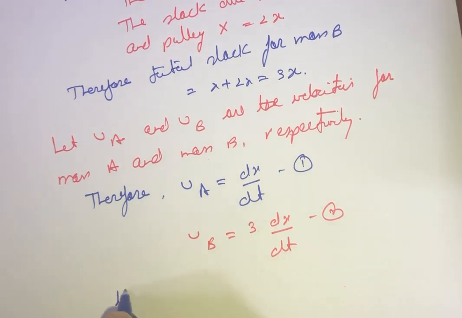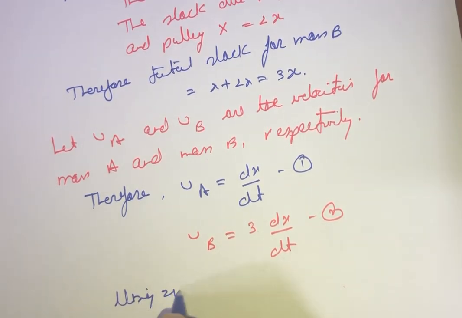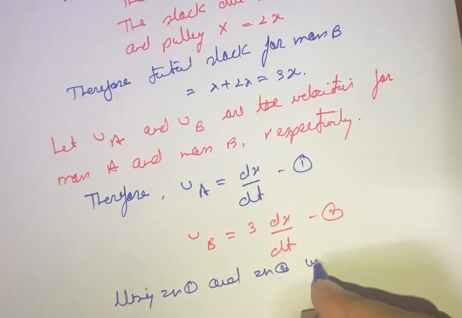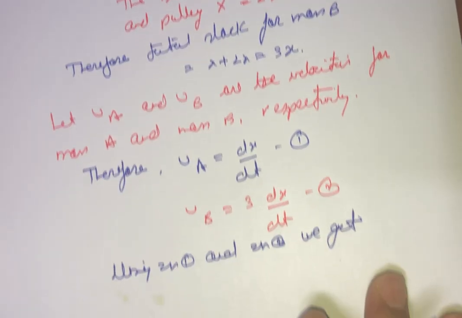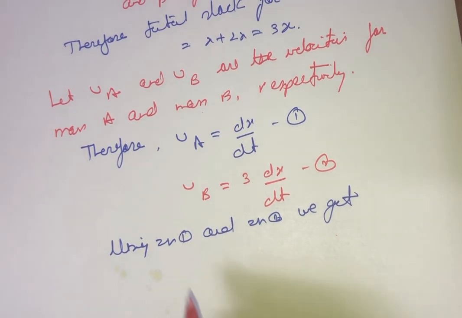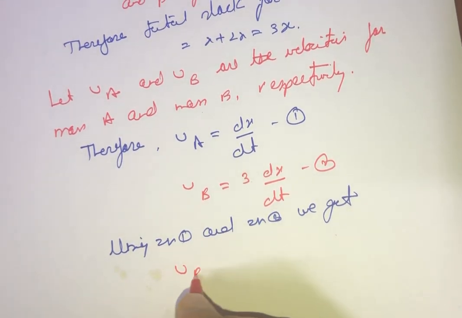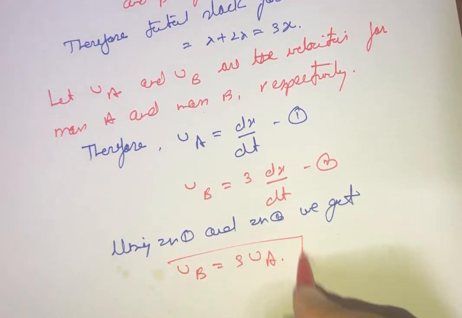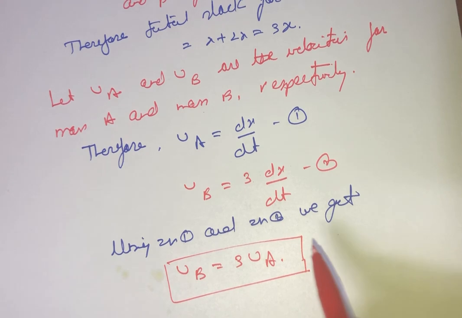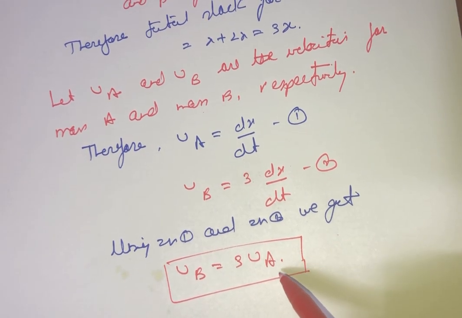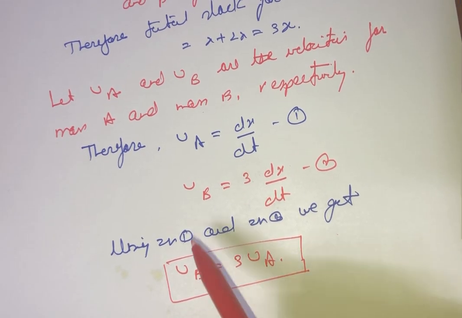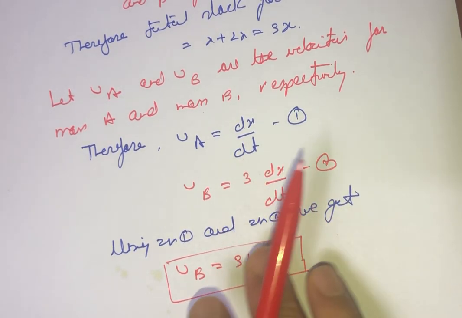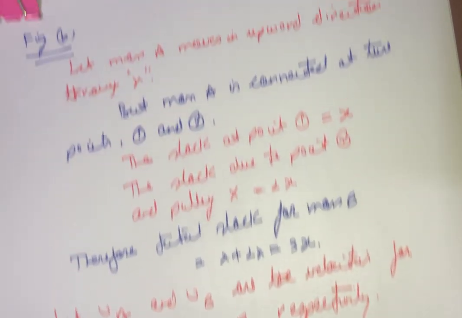So using equation 1 and equation 2, we get VB is equal to 3 times VA. So this is the relationship between the velocity of mass A as well as velocity of mass B for figure B as well. Okay. Thank you.